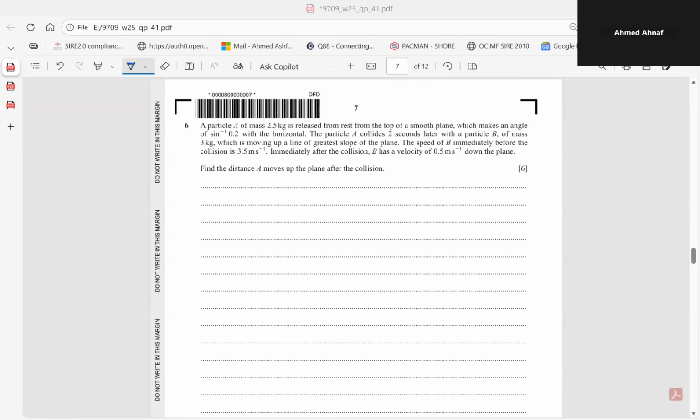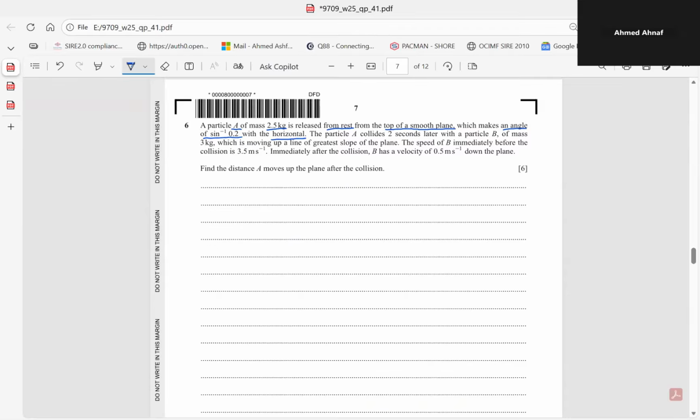Okay, so for this question, we are told that a particle A of mass 2.5 kg is released from rest from the top of a smooth plane, which makes an angle of sine inverse 0.2 with the horizontal.